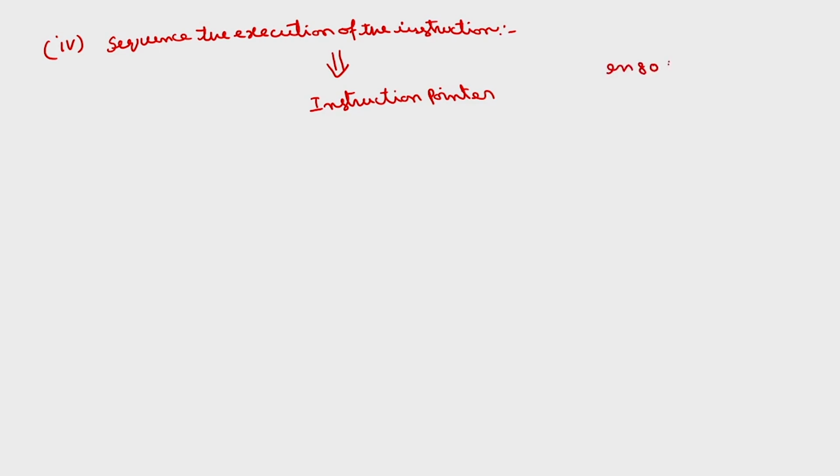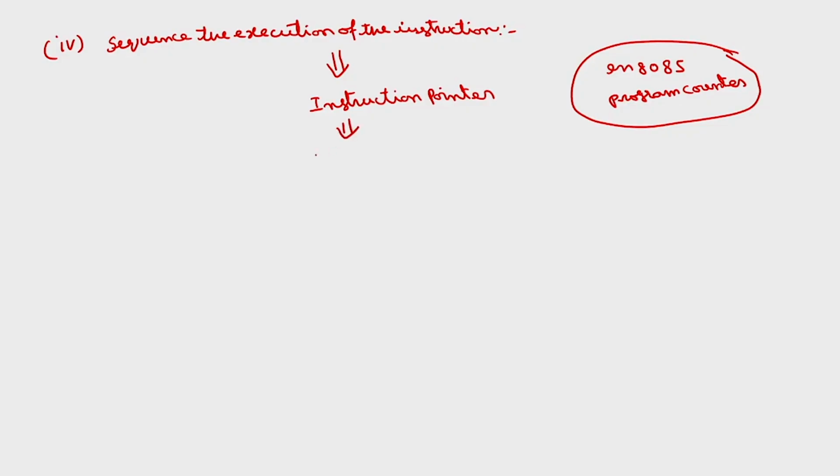The purpose is the same, but the name is program counter. The instruction pointer always holds the address of the instruction which is to be executed next, but the address is again not a physical address, it is a logical address or offset.